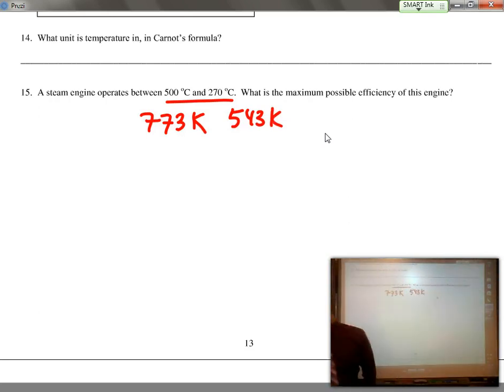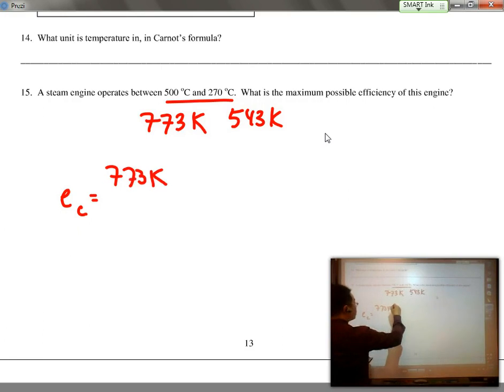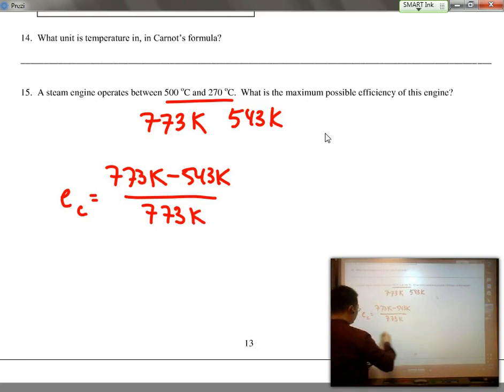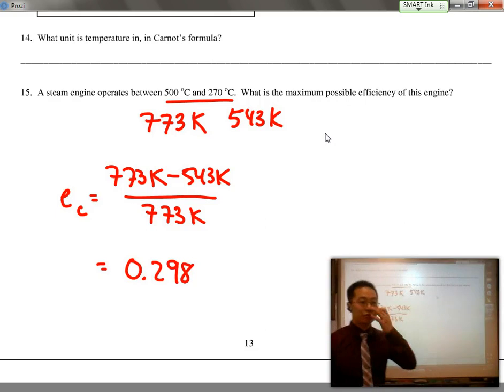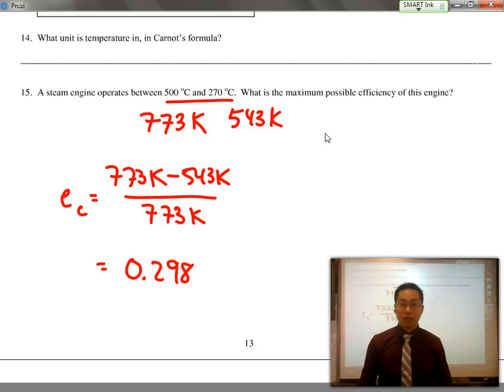So when we talk about the maximum possible efficiency of this engine, you would end up doing 773 minus 543 divided by 773 Kelvin, which equals 0.298 efficiency. So the maximum possible efficiency of a steam engine would technically be about 30%. But in real life, do we actually see 30%? No, we'll see maybe a third of that at most.